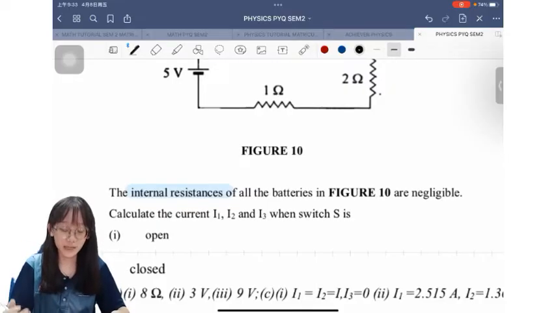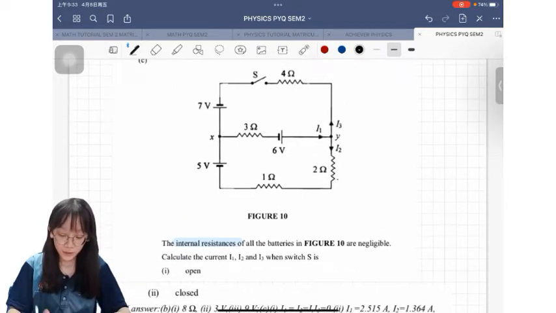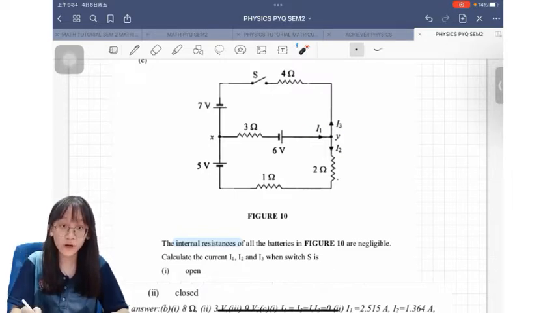Now we look at the second question. The second question says to calculate the current I1, I2, and I3 when switch S is open. We can see when this switch S is open, the loop is not complete, so I3 will equal 0. Then I1 and I2 will equal I, because I1 and I2 are connected in series.